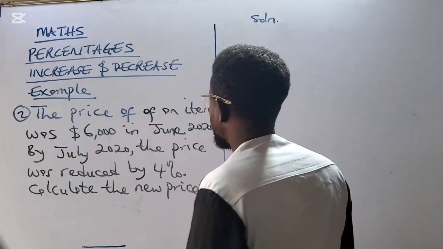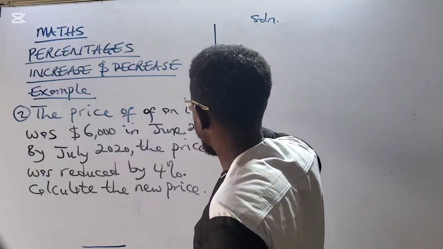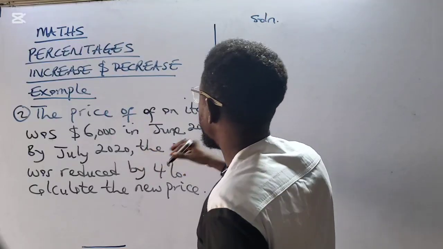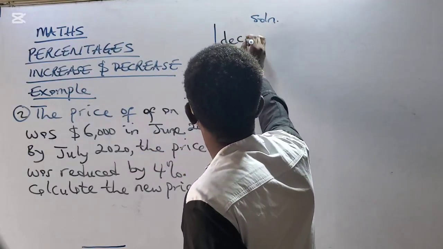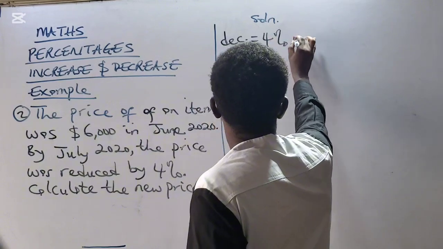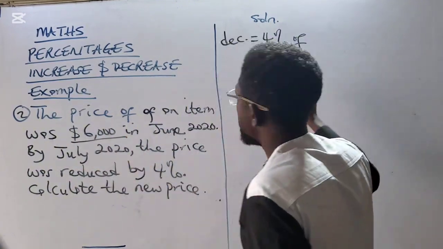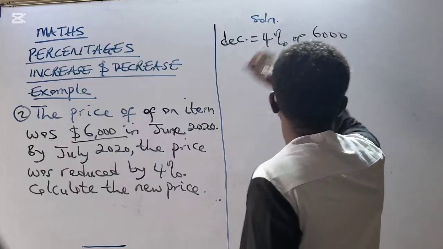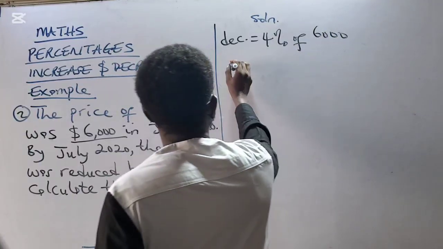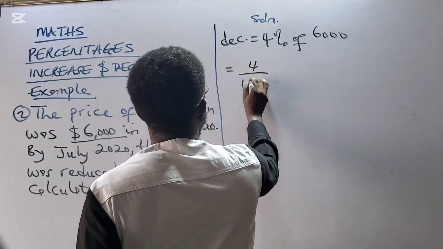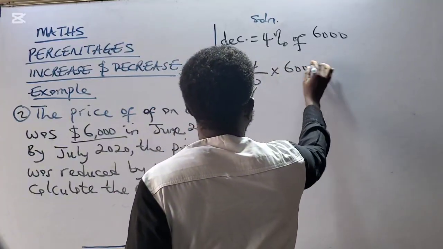The decrease is 4% of the original value. That's 4% of 6,000, which is 4 over 100 times 6,000 all over 1.